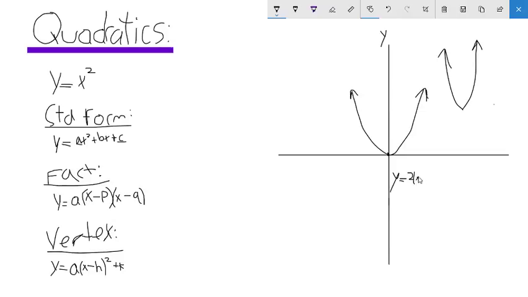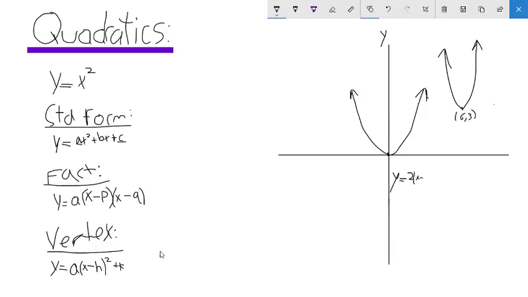And now h is going to represent how far over to the right we've moved it. Let's say this is 6, 3. If this is 6, 3, and that's the vertex, then we're going to go ahead and plug in the points of the vertex right here.